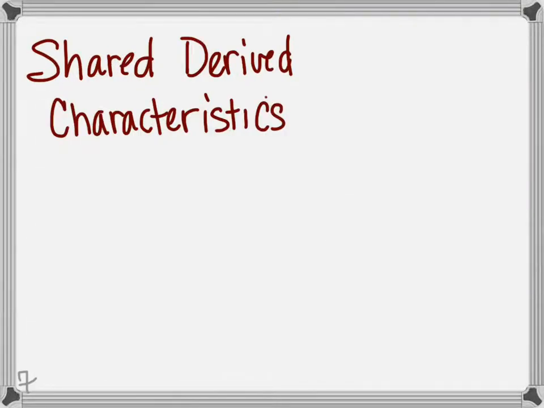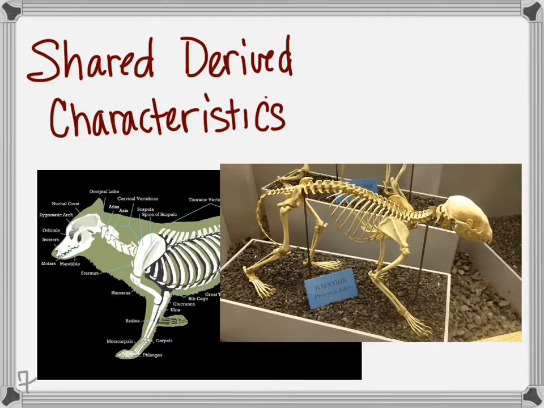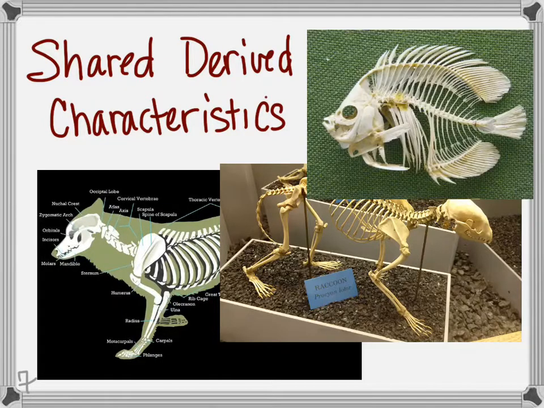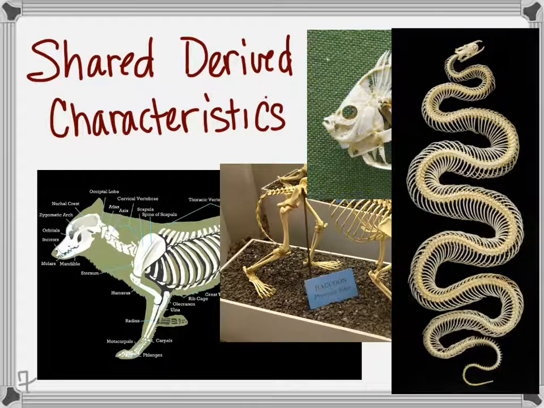Shared derived characteristics are characteristics that two species share that are derived or gotten from their common ancestor. For instance, wolves and raccoons and fish and snakes all have a bony backbone. This is a characteristic they share and they each got or derived from a common ancestor.